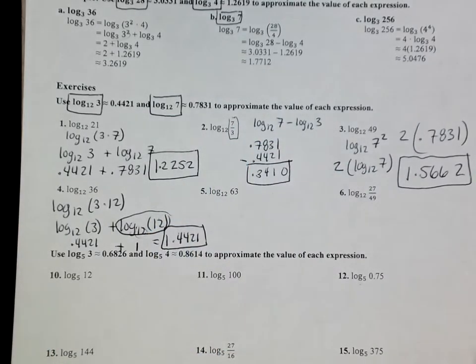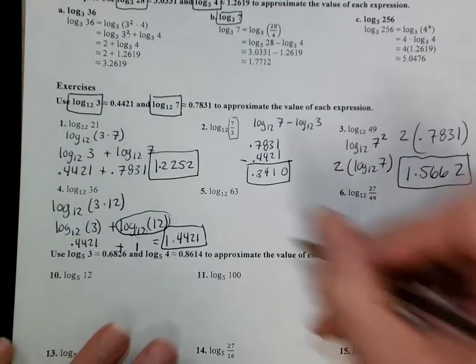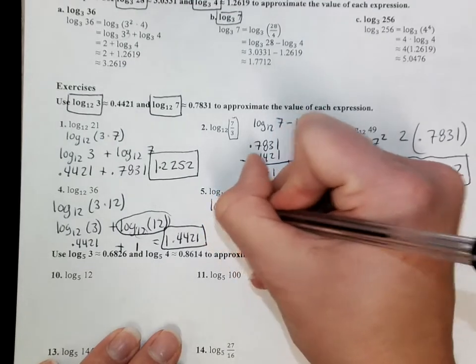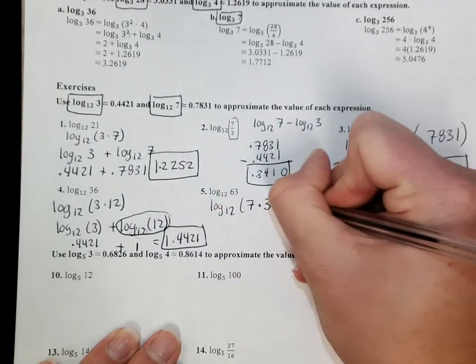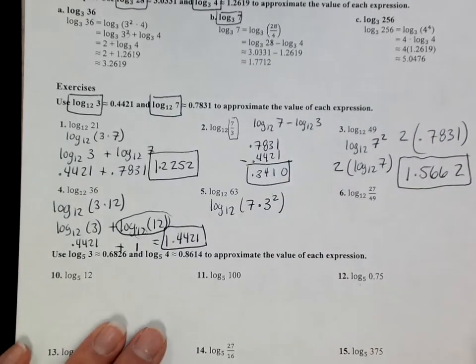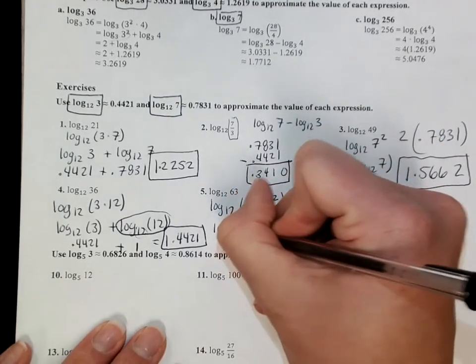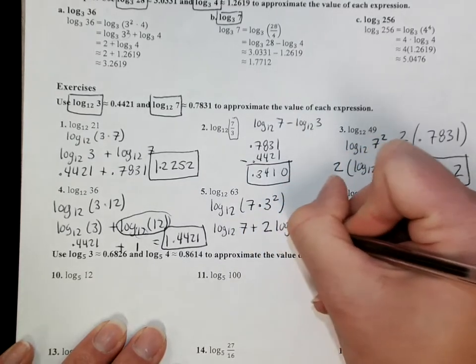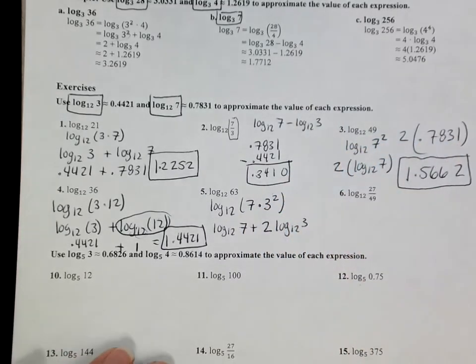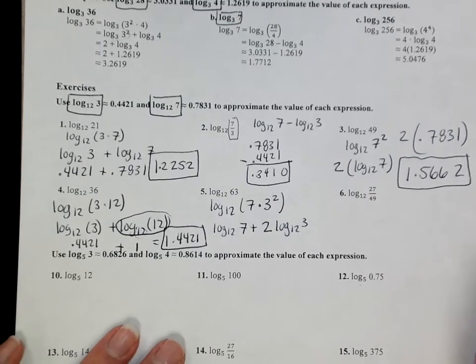Okay, 63, what is 63? 63 is 7 times 9, and instead of saying 9, I'm going to say 3 squared. So I would do the log 12 of 7 plus 2 times the log 12 of 3. 27 is 3 cubed. 49 is 7 squared.